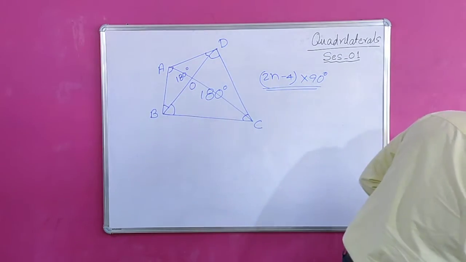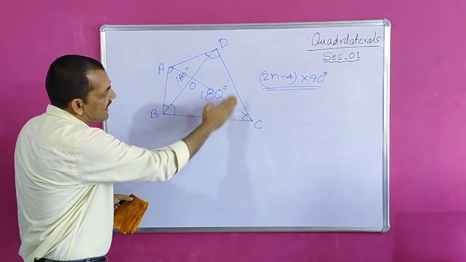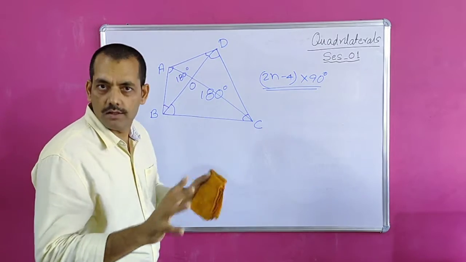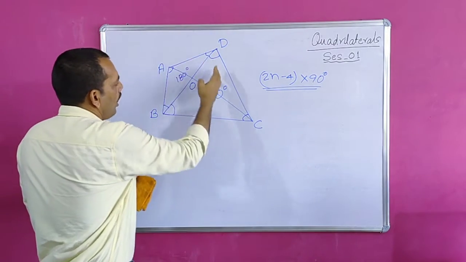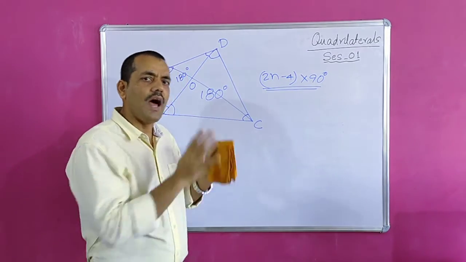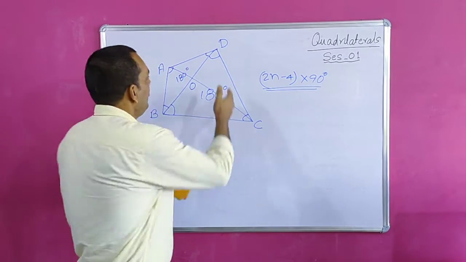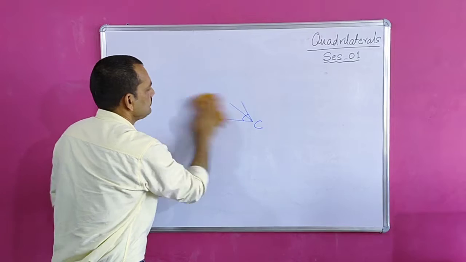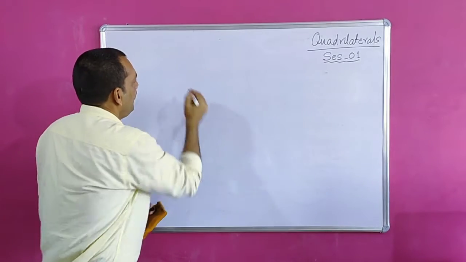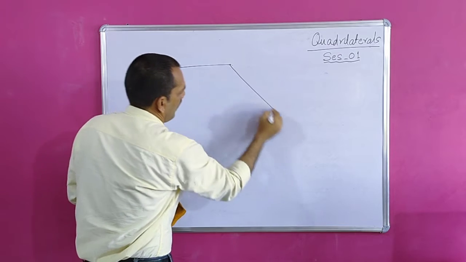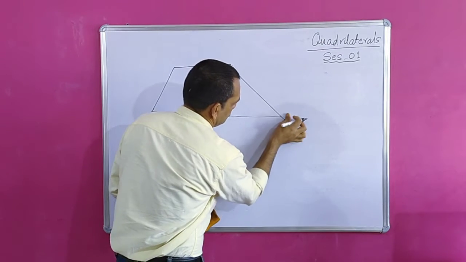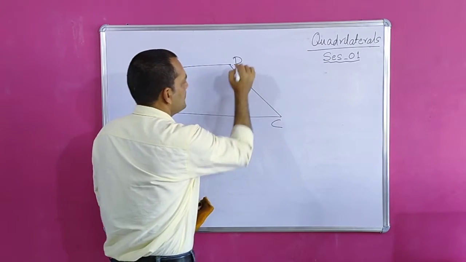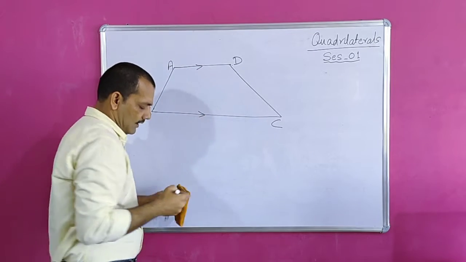What if, now there is no side among this quadrilateral that is parallel, no pair of sides, and none of these are equal at present. What if one pair of sides becomes parallel? For example, if we have a quadrilateral like this, A, B, C and D, where AD is parallel to BC.